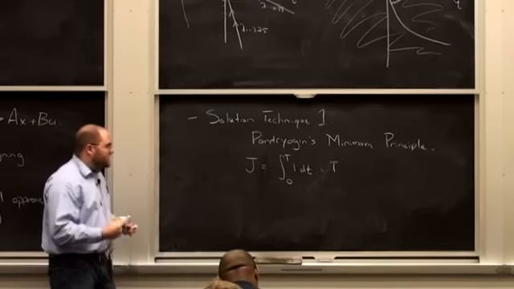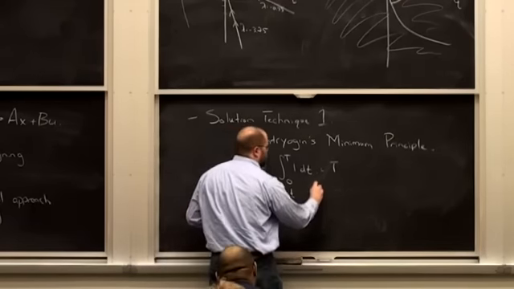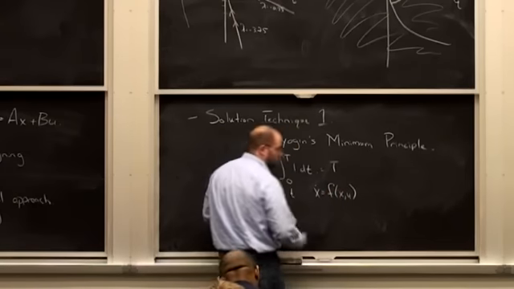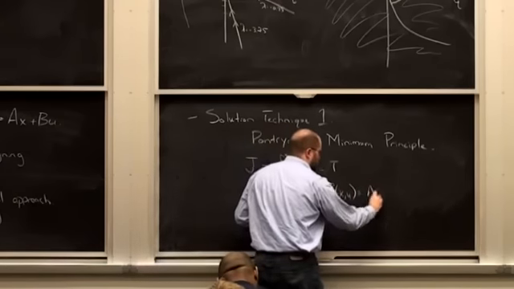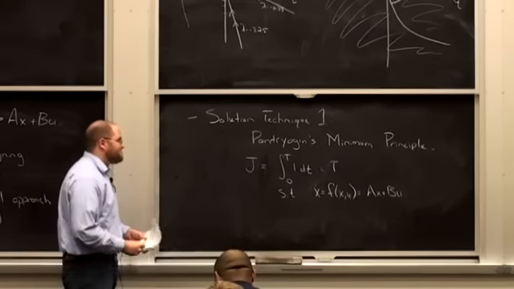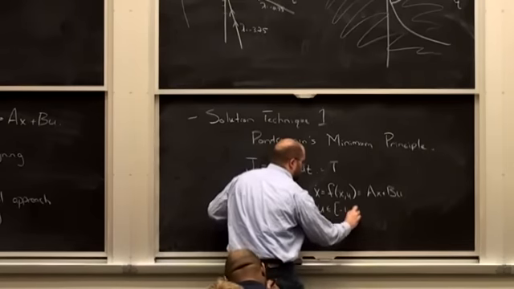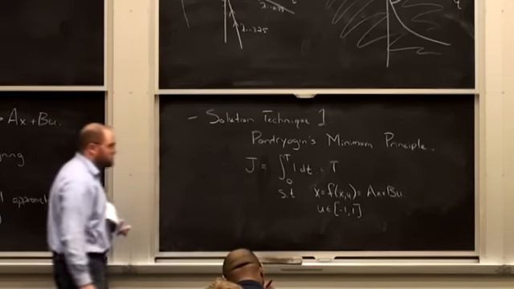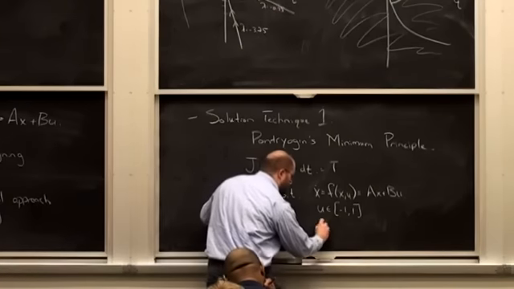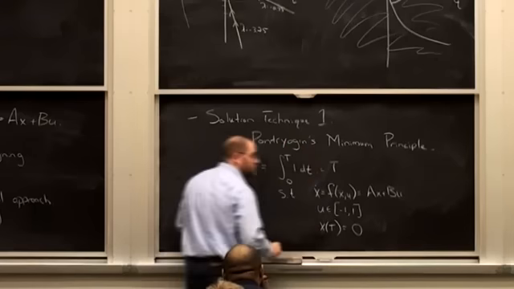We want to optimize that subject to the constraints that x dot equals f of x, u, which in this case is our linear system, and the constraint that u was -1 in that regime, and the constraint that at time T, x(T) had better be at the origin.